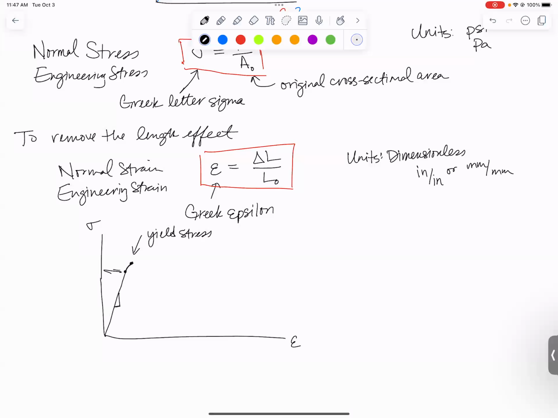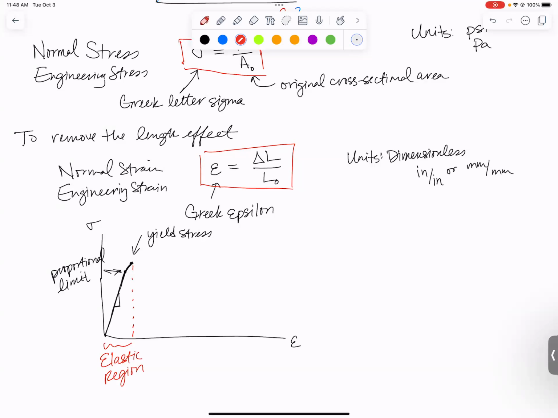This one right here is the proportional limit. The idea is that if you were to load up your sample anywhere along this part of the curve before the yield stress, it would unload right back to zero. You can pull it and let go of it, and it snaps right back to its original shape. So we often call this part the elastic region.